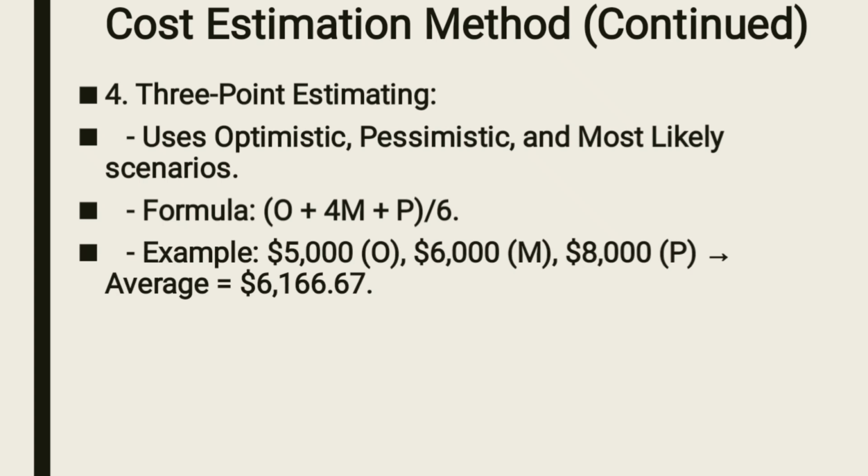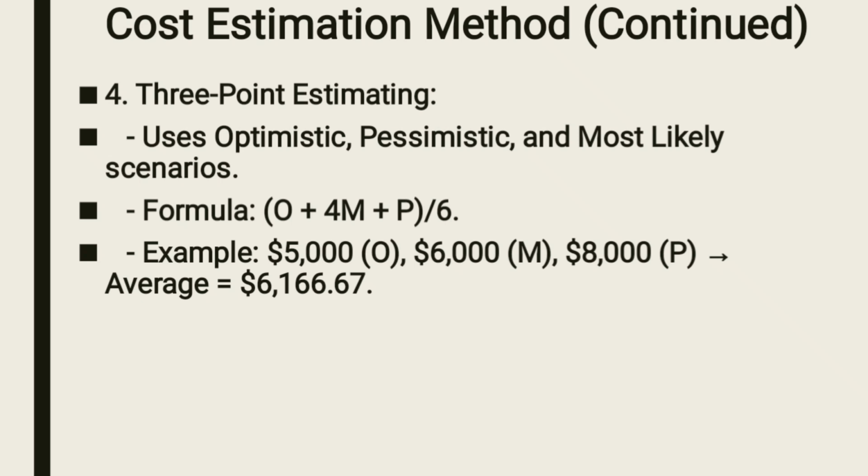Okay, so we have got an example there. On optimistic cost, that is the lowest cost for a project whenever things have gone just smoothly, right? So for example, that one has been given like $5,000, right? Then M, most likely, is if things are just normal, challenges are not there, it is not that very smooth, but it is just normal.